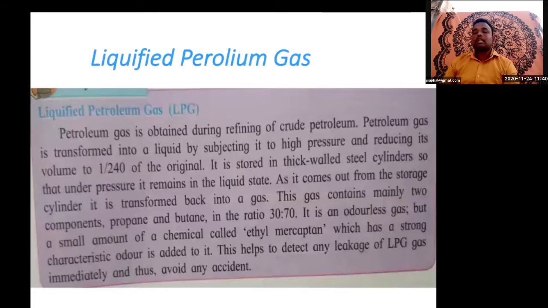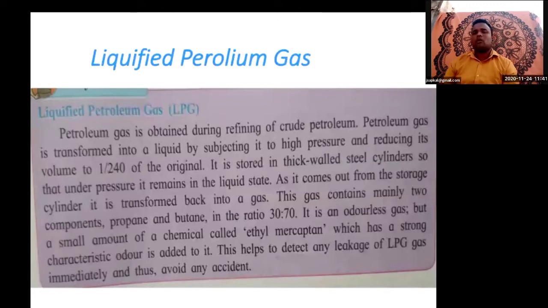Many times we check our regulator. Why? When you get a smell of gas. If you think about the smell of LPG, the components of LPG, propane and butane, are odorless. That means propane and butane don't have any odor.